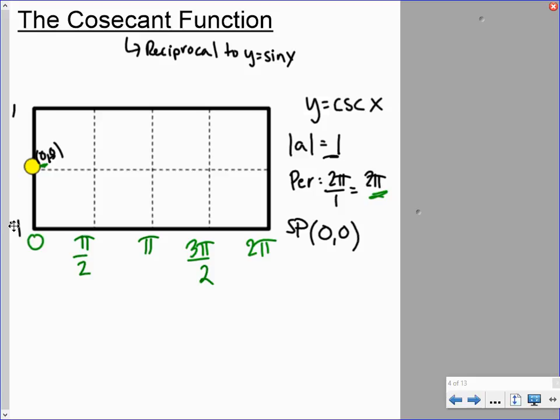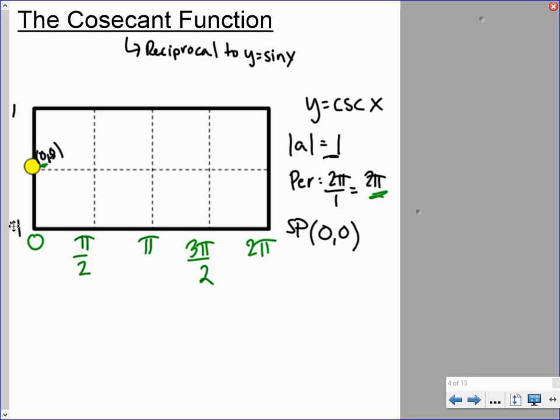Okay, now, normally we looked at the unit circle, and we would go through all the angles, and we would pick out their sine values. So at angle 0, the value of sine is 0. That's the y-coordinate. At pi over 4, the value of sine was square root 2 over 2. At pi over 2, the value of sine was 1, because the ordered pair was (0, 1).